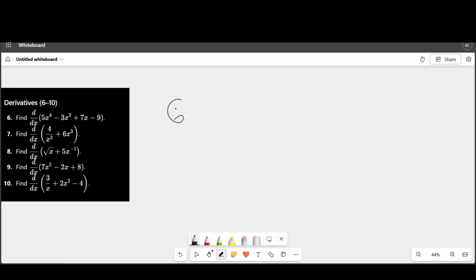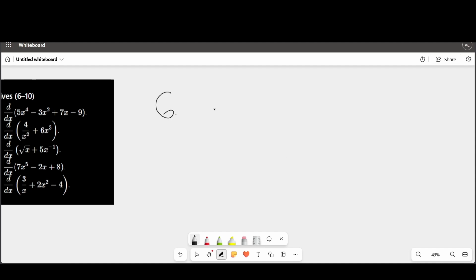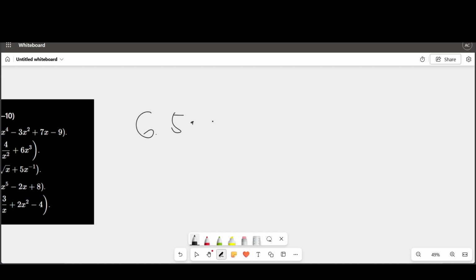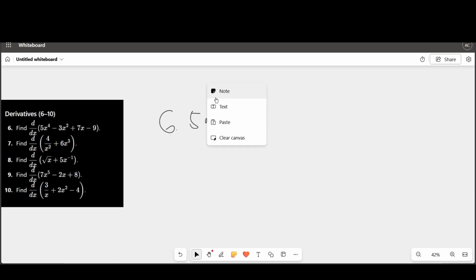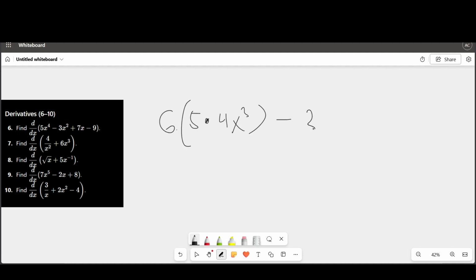First order of business. We have 5 times 4x cubed, then minus 3 times.